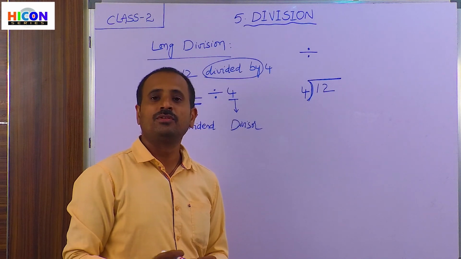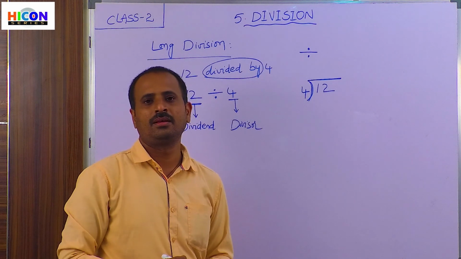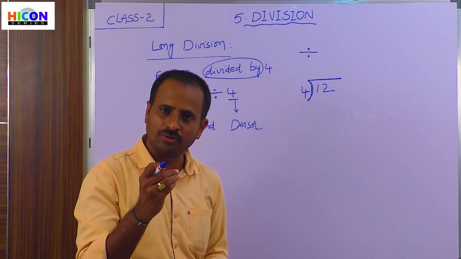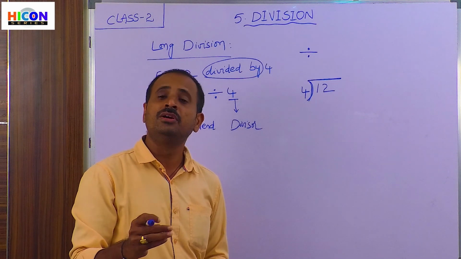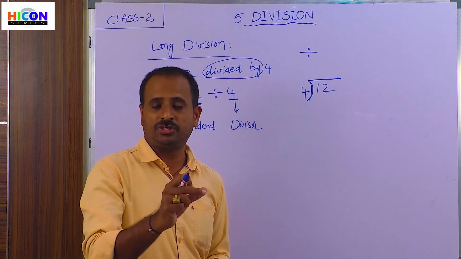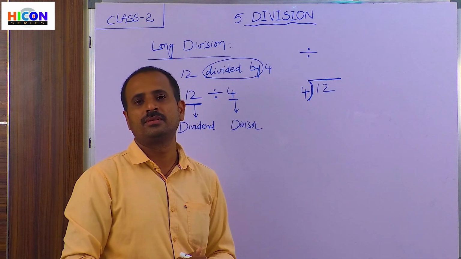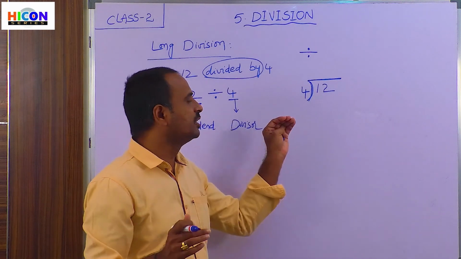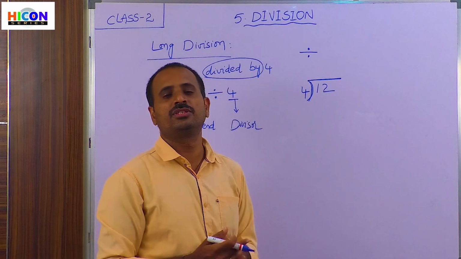That means we have to learn all the tables from 1 to 10: the table of 2, table of 3, table of 4, table of 5. In this way, children, first you should learn the tables from 1 to 10. Then only you can do these divisions very easily. Otherwise, you cannot do the divisions easily.